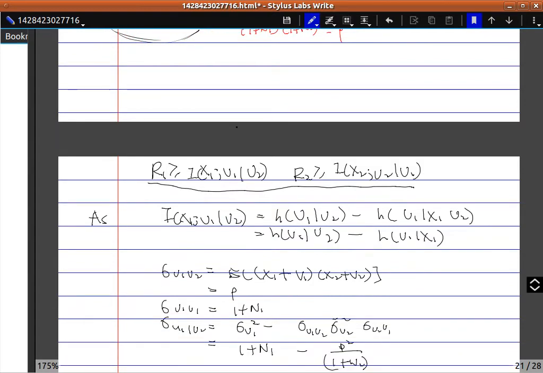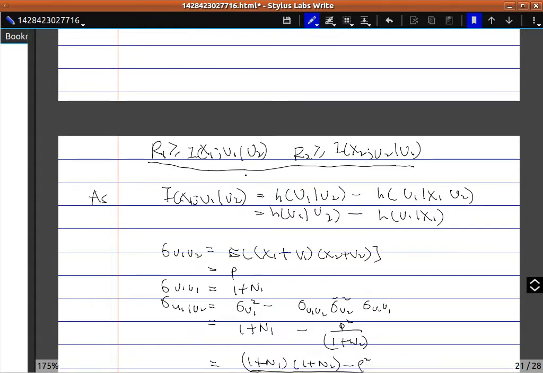Now let's also compute the rates I(x1; u1 given u2) and I(x2; u2 given u1), because these are the bounds in the Berger-Tung inner bound. For the first one, I can write this as H(u1 given u2) minus H(u1 given x1, u2).